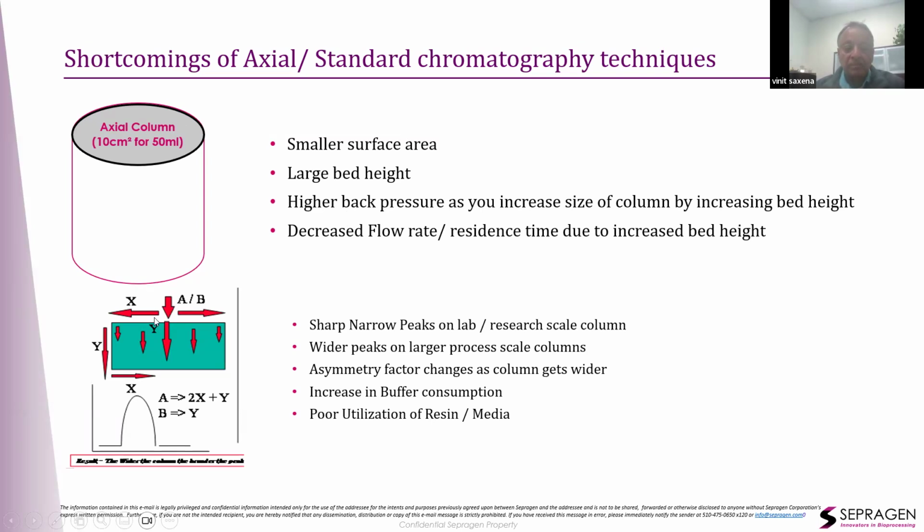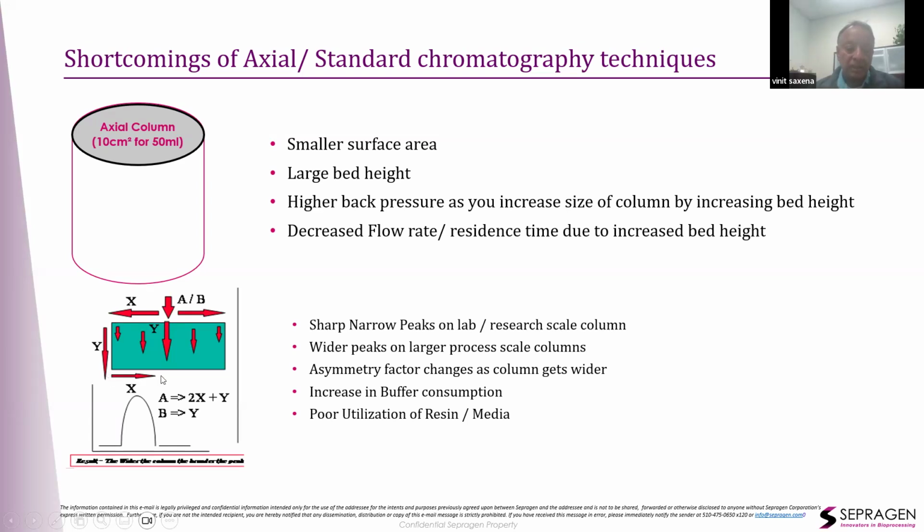See, in conventional columns, when you scale up by keeping the bed height constant and making the column wider, your small columns don't really model for that. In a small column, the distance y is the bed height, and the distance x is going to the edge of the column.